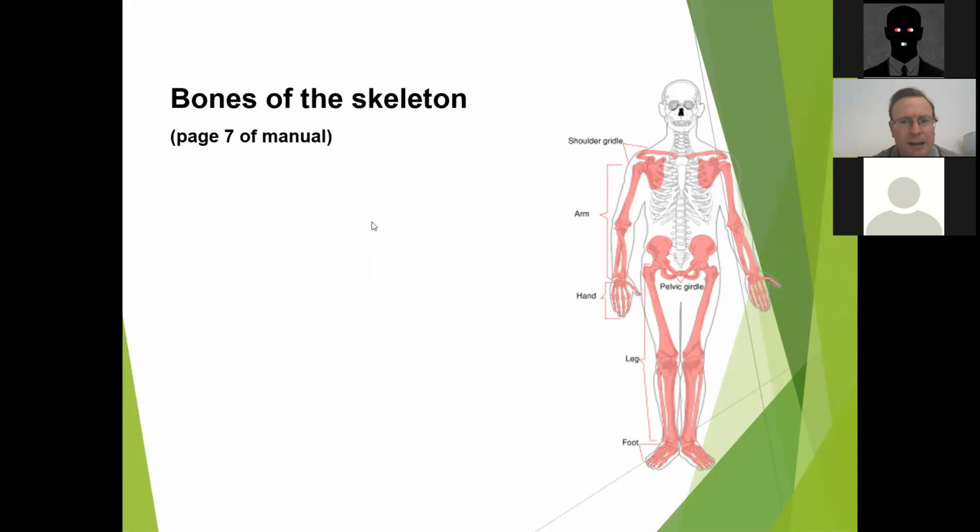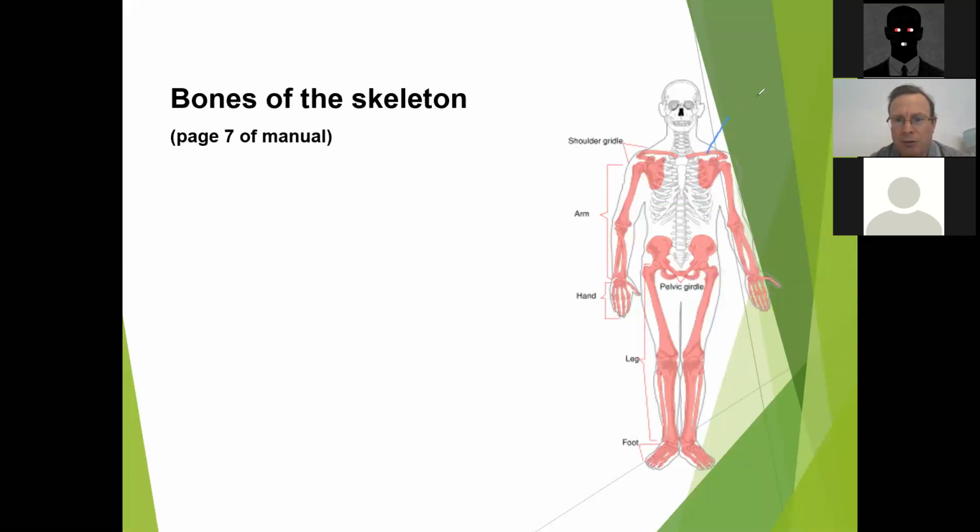Can you see the clavicle on this picture? You should be able to see the clavicle kind of here. So I'm just drawing it in there. There's the clavicle, which is part of that shoulder girdle.